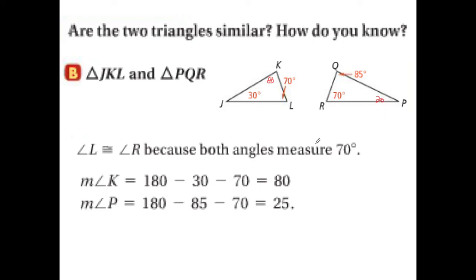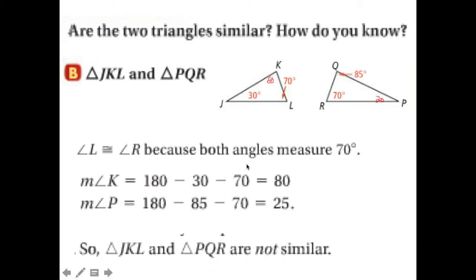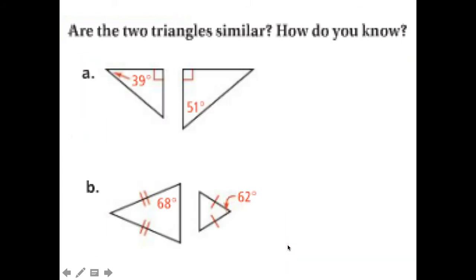Based on this information, L and R are the same, but none of the other angles in the triangles are the same, so we cannot say these are similar. So these two triangles are not similar.